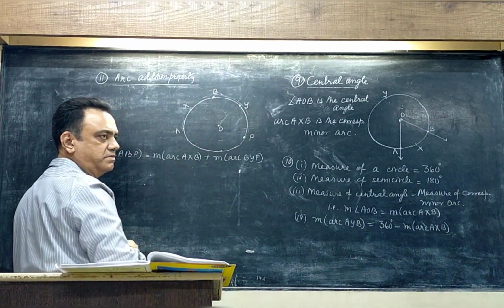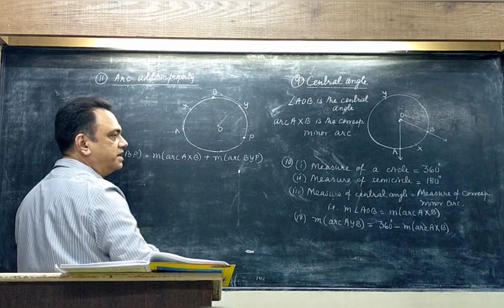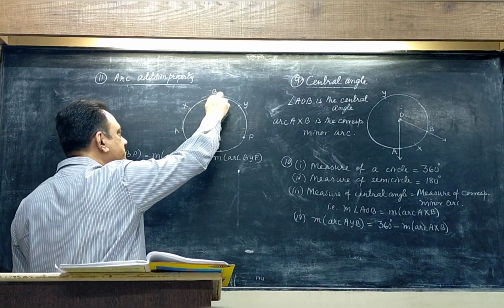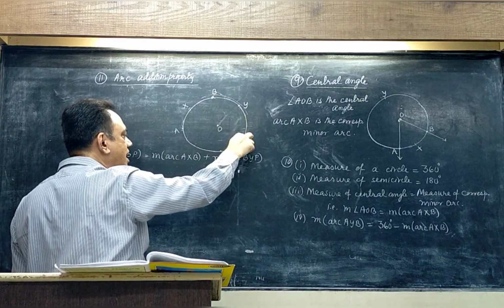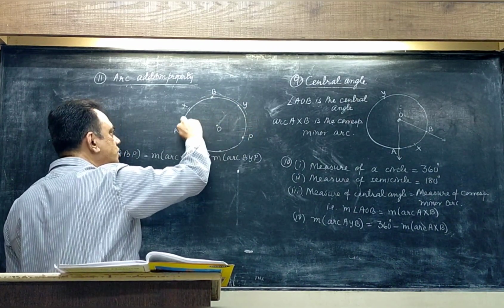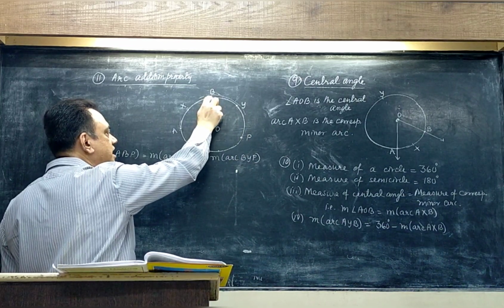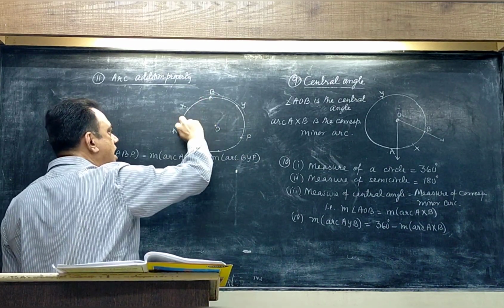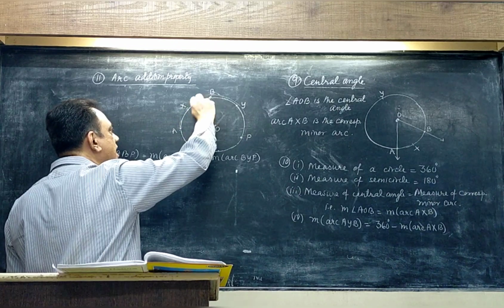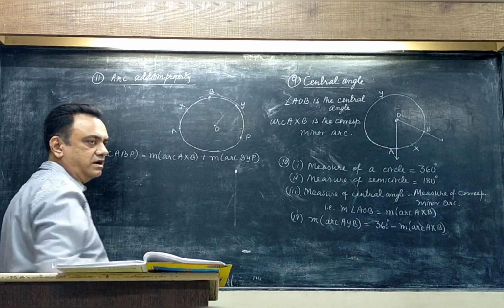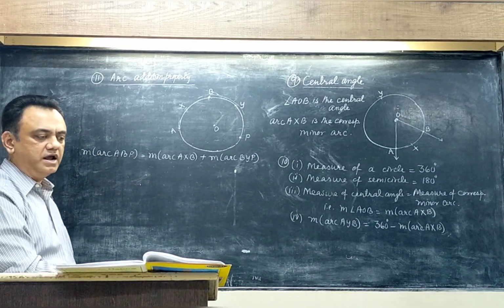That cannot be done because they don't have common end points. But here arc AXB and arc BYP can be added to get arc ABP because they have the common end point B.